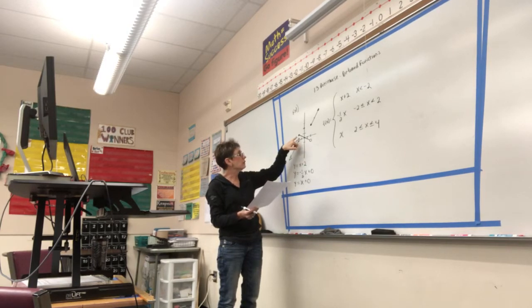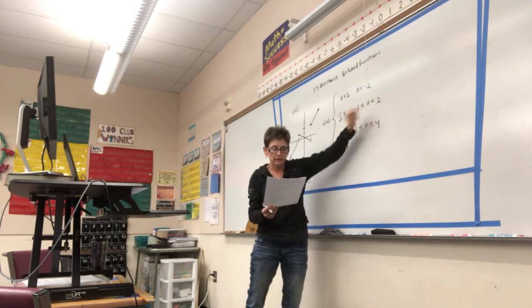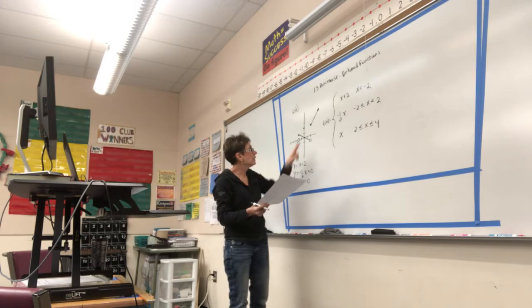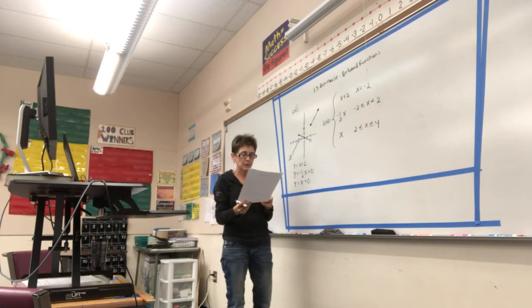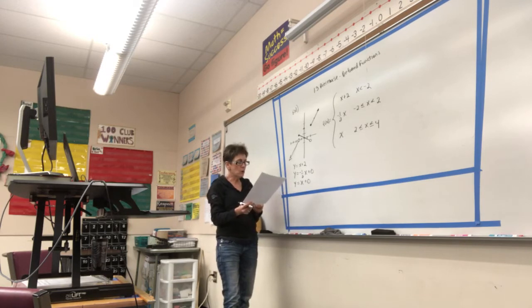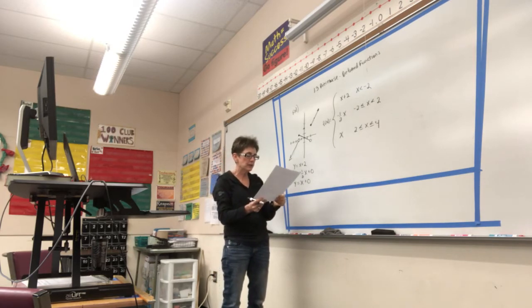We used a closed dot on the left and an open dot on the right to match these 2 symbols here. Then the third thing that we did is we sketched the graph between 2 and 4 using closed dots on both of those ends. And if we wanted to determine the range of this function, then we would have to calculate the y values that correspond to the minimum and maximum x values.